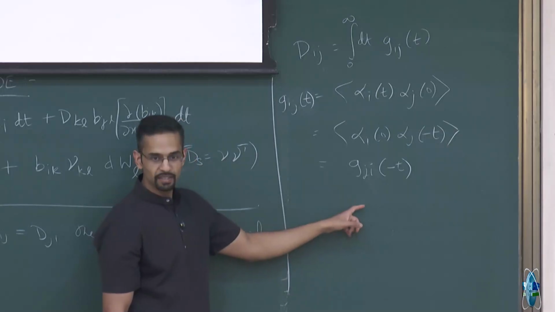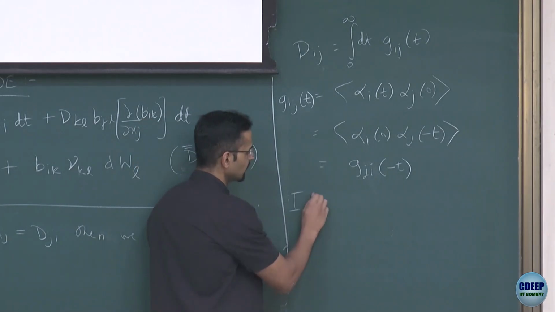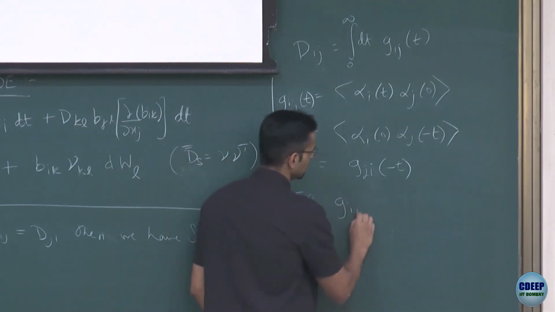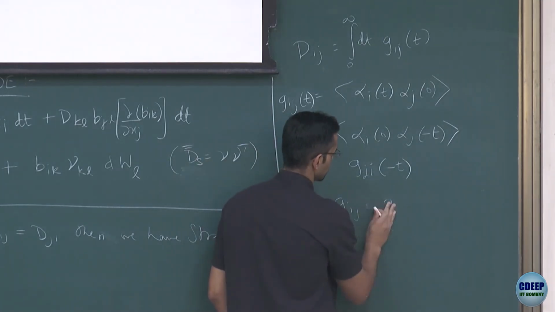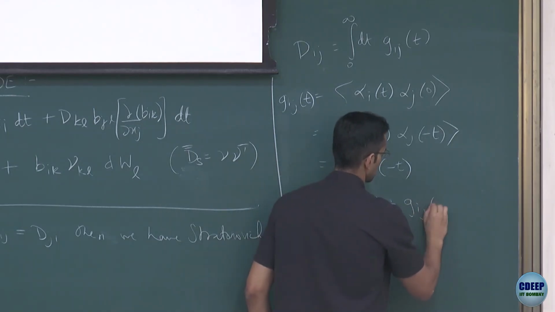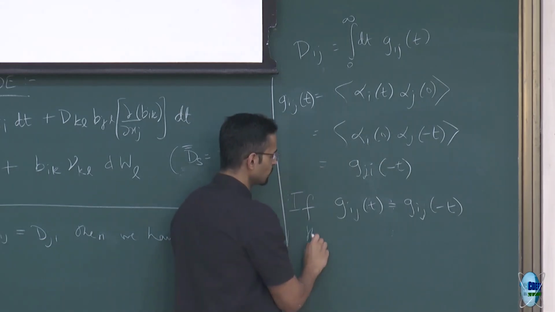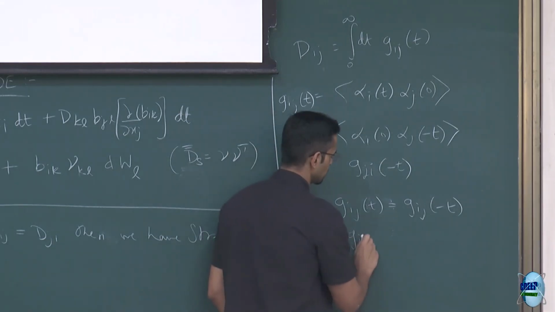And so therefore, you can see for symmetry, right, that now if Gij were equal to this, then we would have symmetry also.